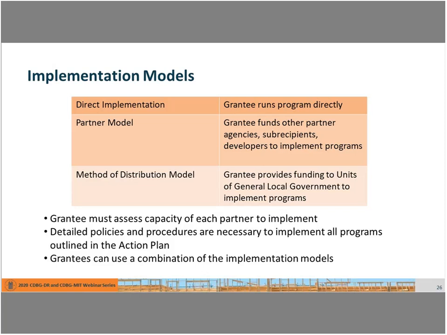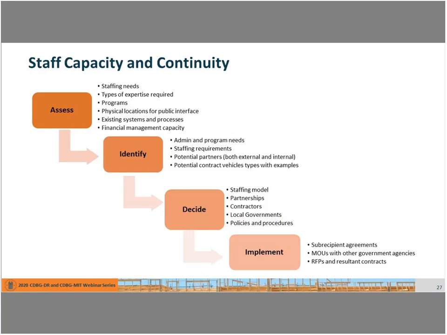The choice of using subrecipients, partner state agencies, or local units of government should always be informed by a capacity assessment of these potential subrecipients. You need to ensure that they have the capacity to successfully carry out the programs you're designating to them. Successful program implementation will likely require increasing the size of your staff and cultivating new partnerships with other agencies, subrecipients, and contractors.